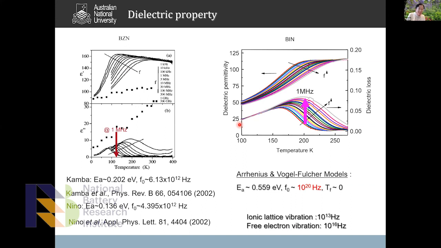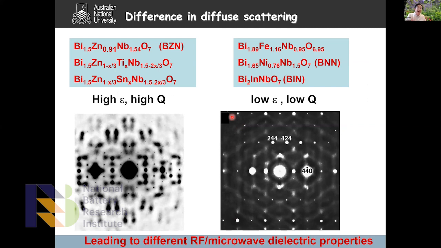What are they? Okay, so generally, if it's relaxor, it must be associated with local small dipoles, the polar domains. So that's why we investigate the local structure, because it must be a local structure difference. We look at these two families, and we find that this family has this kind of feature, and another has different features in local structure.